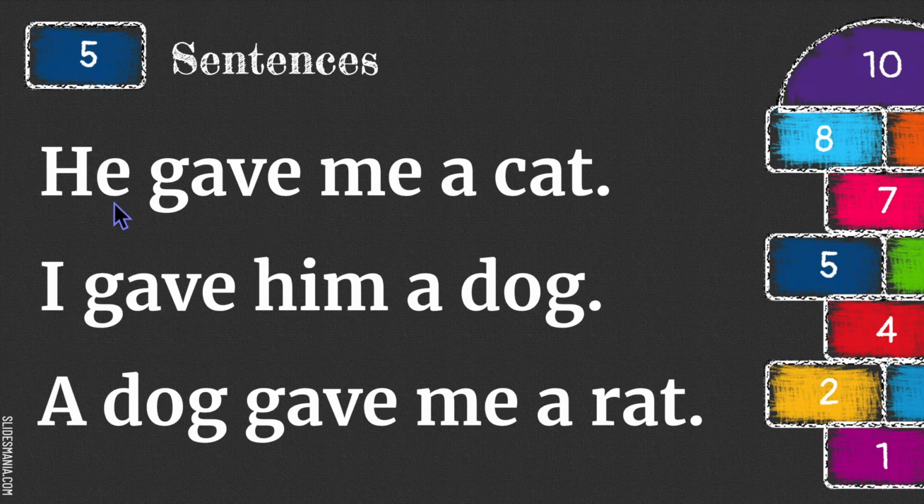Once again, for these words that end in a vowel sound, other than a silent E, we will use the vowel's long sound. He, gave, me, a cat. He gave me a cat.